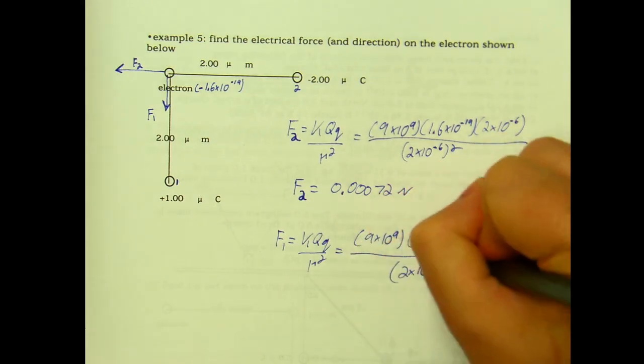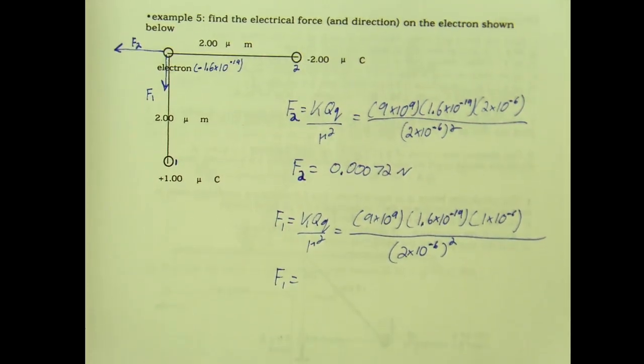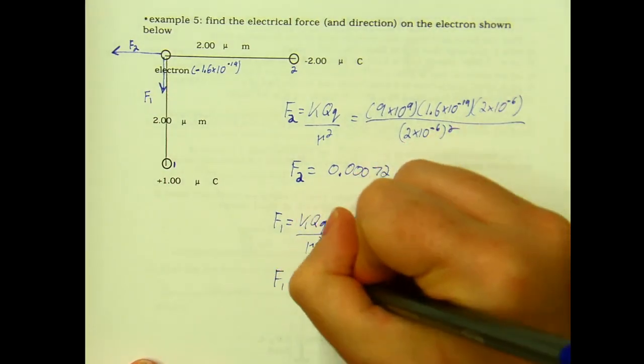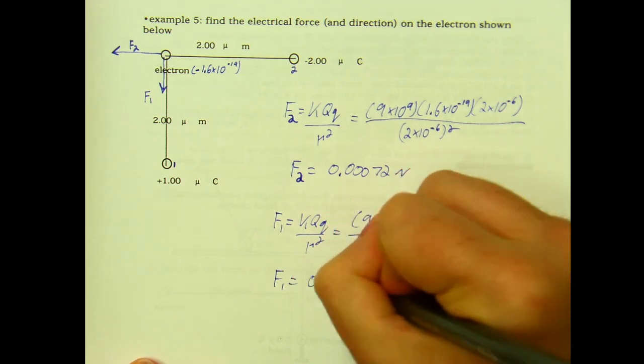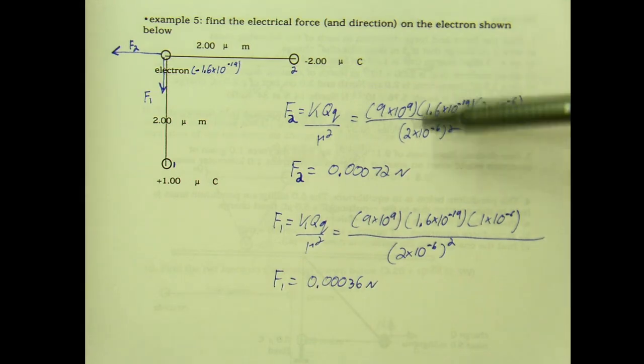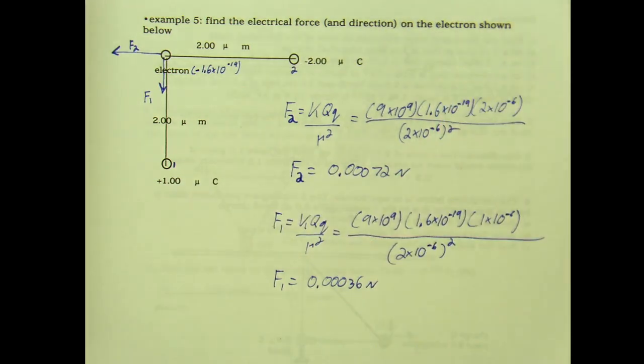We want to square that. We find that force 1 is equal to 0.00036 newtons, which we could have expected because the distances are exactly the same, the electrons are the same, this constant is the same, but this charge here is twice as big as this charge there.